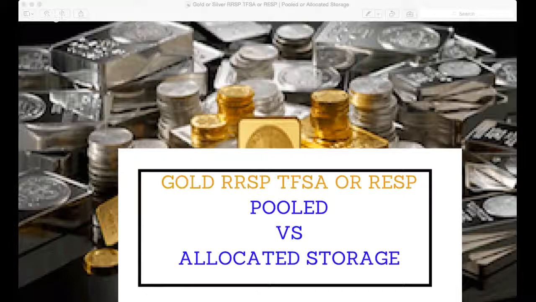When we're talking about pooled storage, what that means is that whatever you've invested in is being stored with other people's investments pooled into one combined asset storage. Say you invest in physical gold with a company and their website says it's pooled storage.